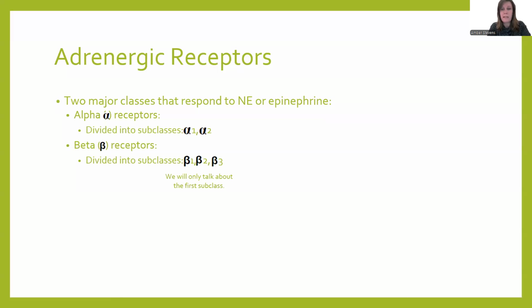You have your alpha receptors, which cause smooth muscle contraction, so vasoconstriction, because our blood vessels are smooth muscle. This is why it's important in pain management: when we are giving anesthetic, we want to keep it in that localized area.